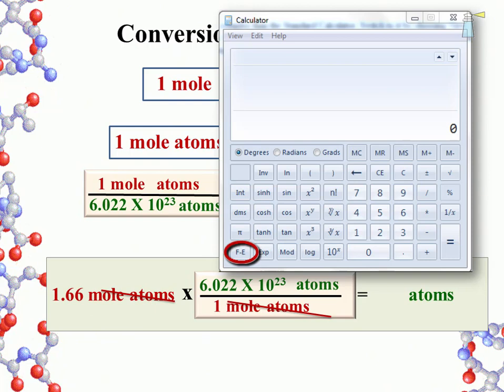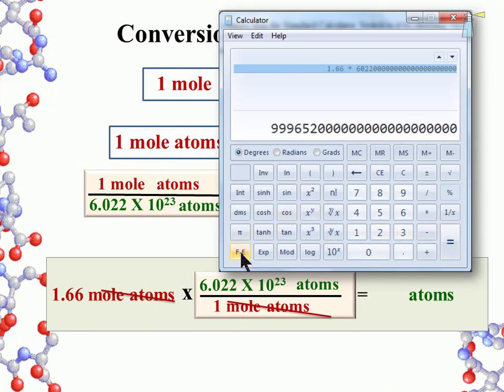The math of this equation, 1.66 times 6.022 times 10 to the 23rd, is done by first inputting 1.66, hit multiply, then 6.022, go to the EXP button, and hit the exponent 23, and then equals.